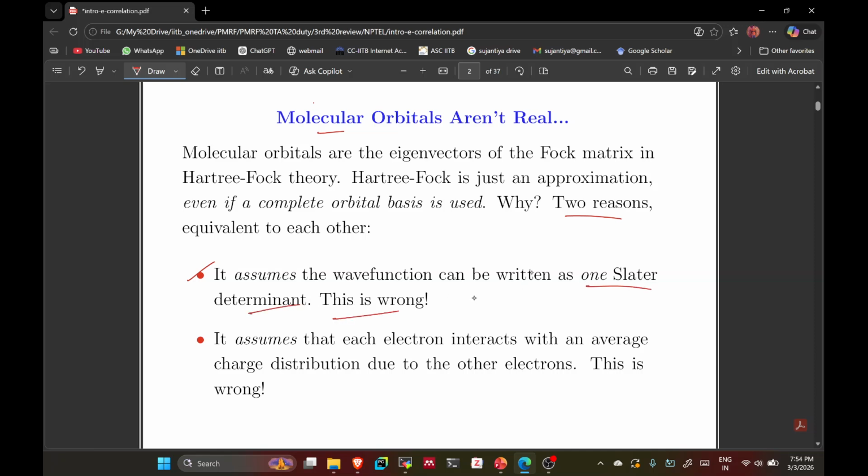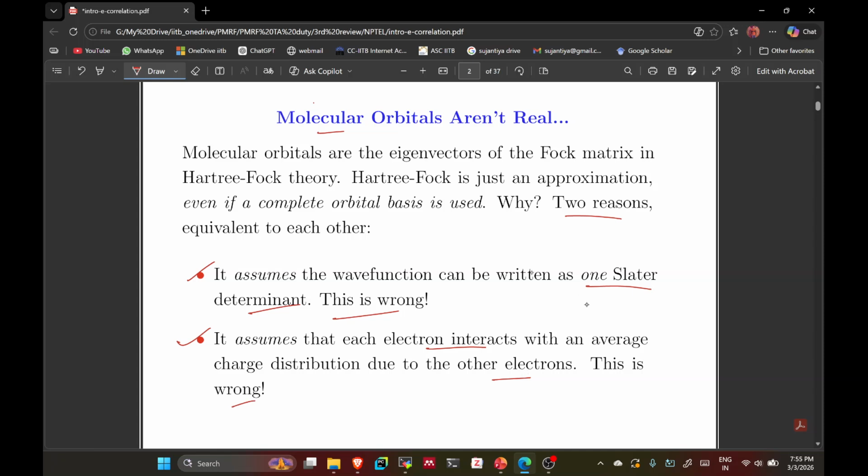That we have seen in configuration interaction already: if there are two electrons interacting, then the single determinant is not the correct or accurate picture. This is just an approximation. It assumes that each electron interacts with an average charge distribution due to the other electrons. So this is wrong because there is instantaneous interaction between electrons, right?